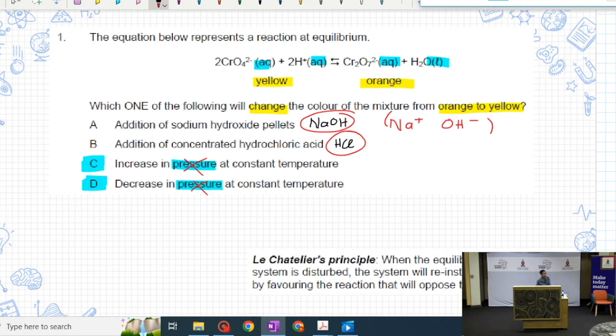But if we look at HCl, is hydrogen a metal or non-metal? Non-metal, right? It is on the left-hand side of the periodic table, but we know it's non-metal. How about chlorine? Non-metal. When non-metal and non-metal bond, they share electrons, therefore they are covalently bonded.